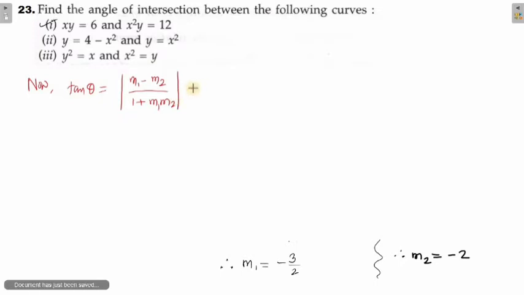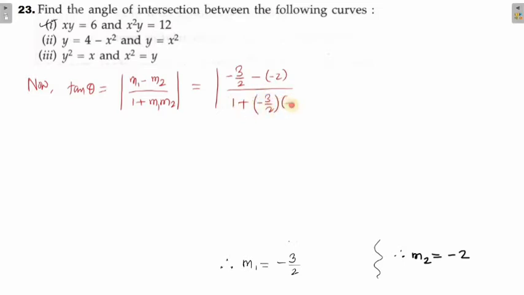So let's simplify this. This is modulus of m1, which is minus 3 by 2, minus m2, which is minus 2, divided by 1 plus m1 m2. m1 is minus 3 by 2, m2 is minus 2. Let's simplify this. So this and this get cancelled.